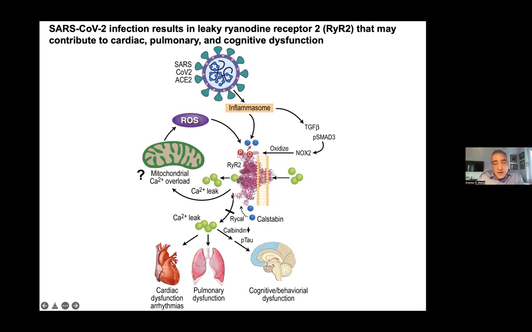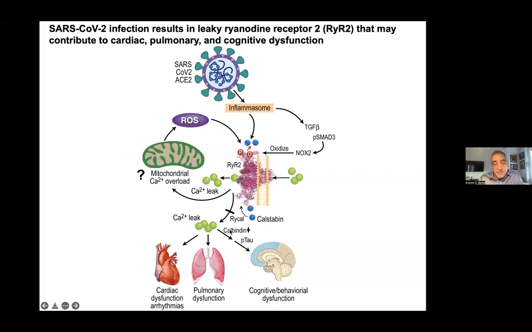This can create a leak in the ryanodine receptor, which can create a vicious cycle where there's mitochondrial calcium overload, ROS production, and further oxidation of the channel. And our preliminary data with a very small number of patients suggests the possibility that this could promote abnormal phosphorylation of tau, which could be playing a role in the cognitive dysfunction observed in patients suffering from long COVID.